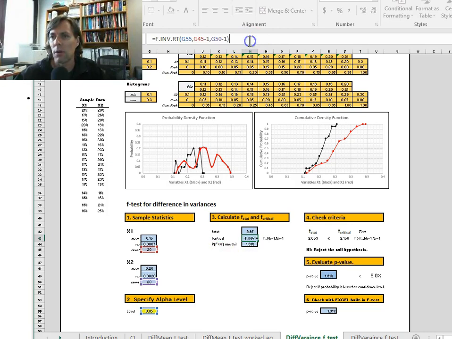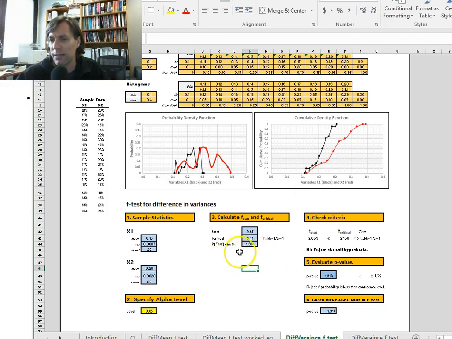Our F critical will come from the alpha value, which is 5%, comma, we'll take the number of data in the first one, minus 1 for the first degree of freedom, and for the second data set that we worked with, minus 1. The main thing is just keep everything consistent between your A and your B, and you're fine.